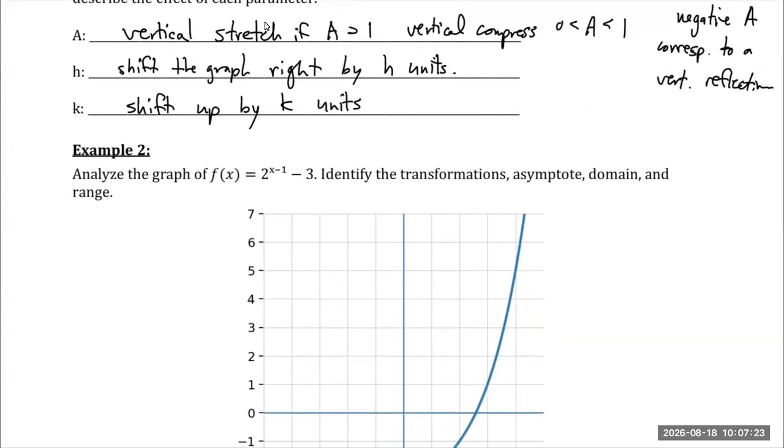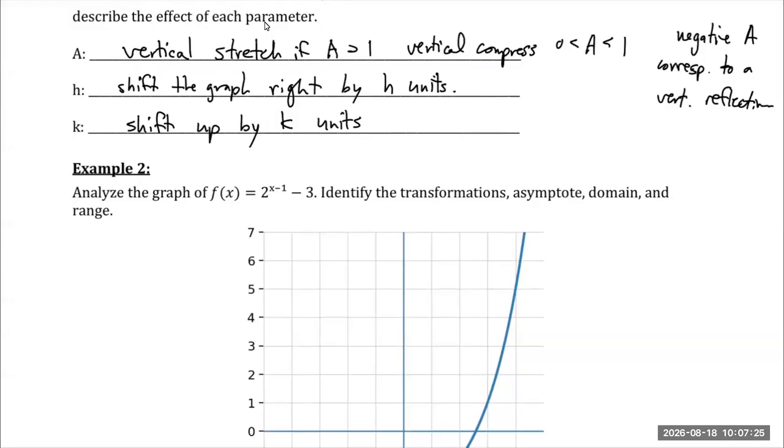When you look at example 2 over here, the first thing I notice is that we have this x minus 1, so that's going to make it go right by 1. And then you see that you have this -3. That -3 is going to make it go down by 3.